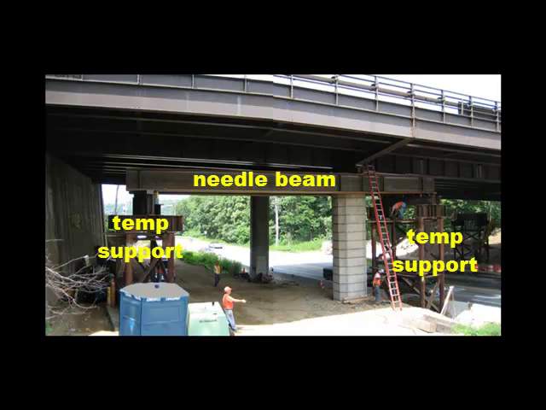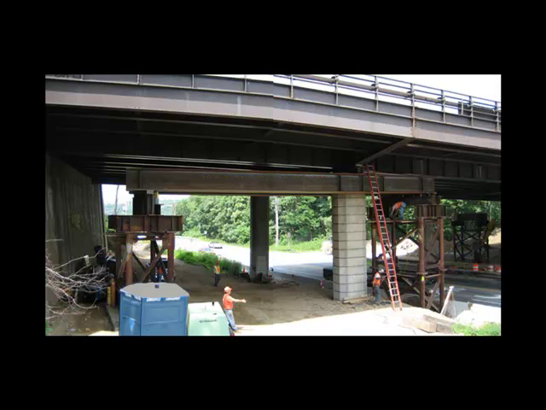There are 2 temporary towers, there are needle beams, and I think you can just barely make out the hydraulic jacks, which will transfer the load onto the needle beams. When that is done, you're ready to remove the existing column, and that creates this open space which is needed to build the new abutment.